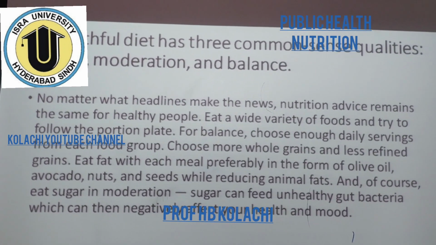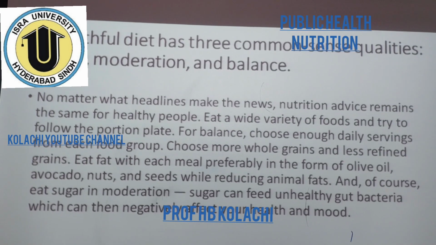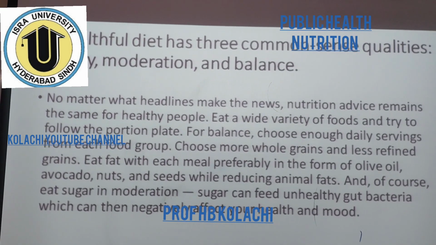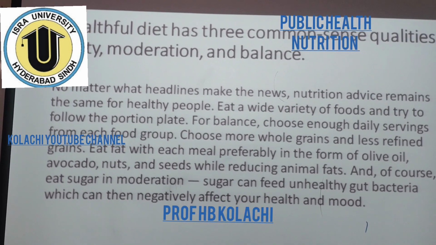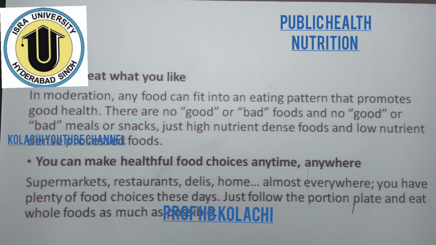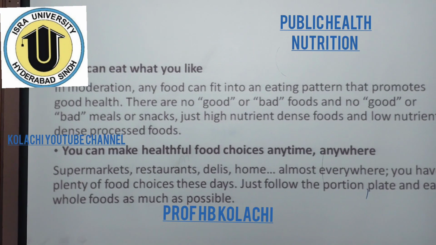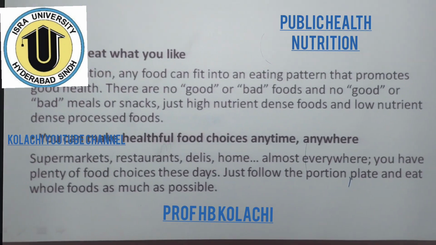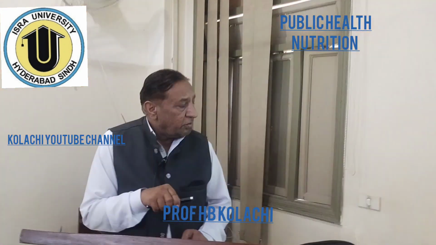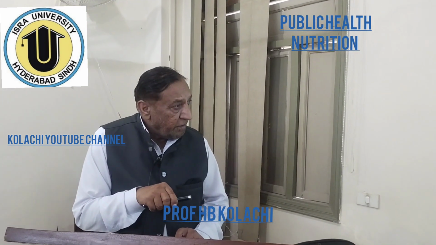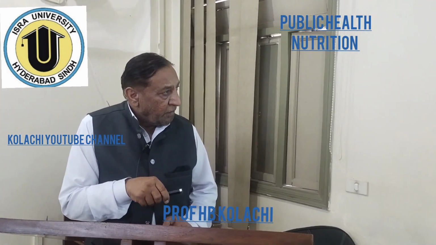How to eat and how to keep the food hygienic is important. You can eat what you like, but it should be moderate and hygienic. It should not be processed, but natural and homemade if available.